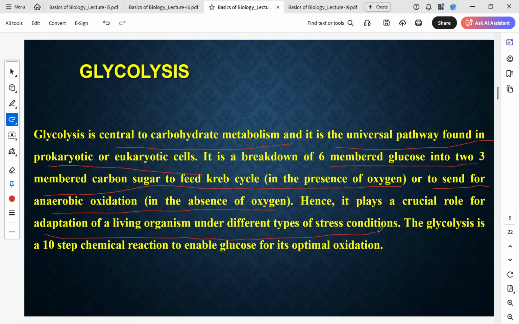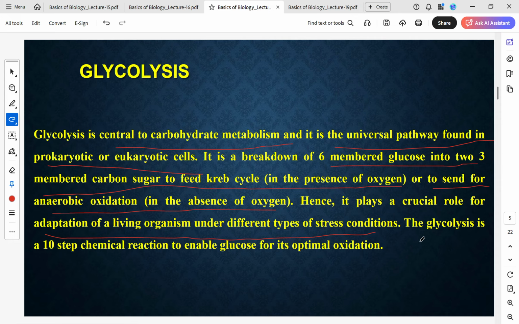If there is a lot of oxygen present, usually if the body can, then it goes into the Krebs cycle. If there is sparse oxygen present, then there's a mixture of Krebs cycle and anaerobic oxidation happening. If oxygen is absent altogether, only anaerobic oxidation happens.